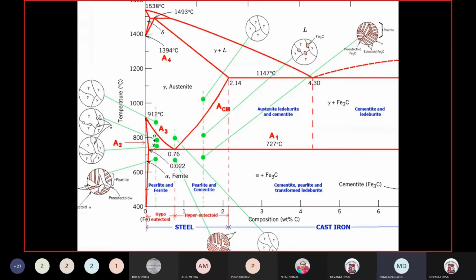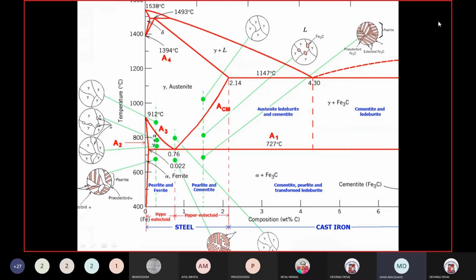It is at 723 degrees Celsius. See, they have mentioned it in a straight line, 723. So your temperature is 723 degrees Celsius and your weight percentage carbon is 0.76 percentage carbon.